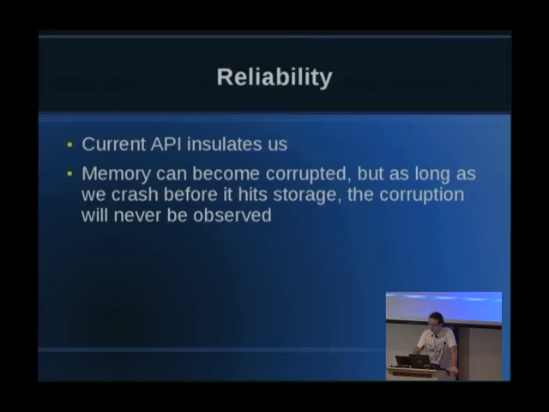So, are we going to suddenly become able to write better software? Probably not. So I think we're going to need some tools to help us become resilient to some of these problems.